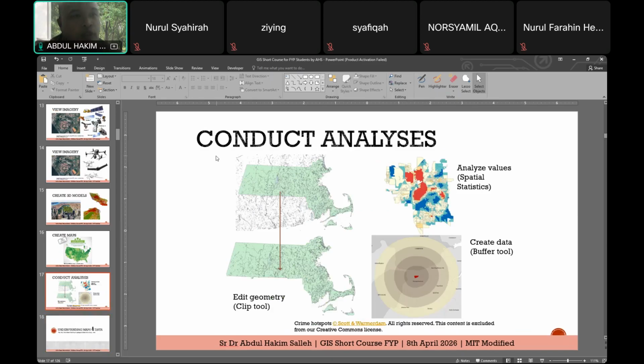It can also conduct analysis. GIS can conduct simple analysis such as the editing of geometry. As you can see here, they are clipping this green area out of the entire area shown here. They can also do some spatial statistics. They can analyze based on values, any values.